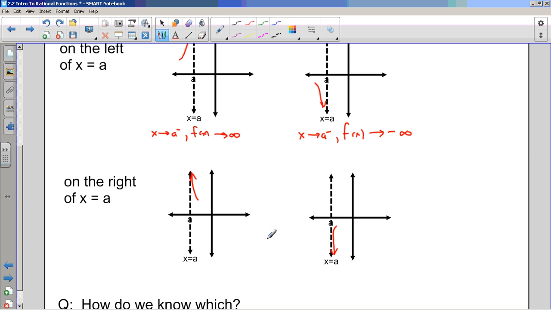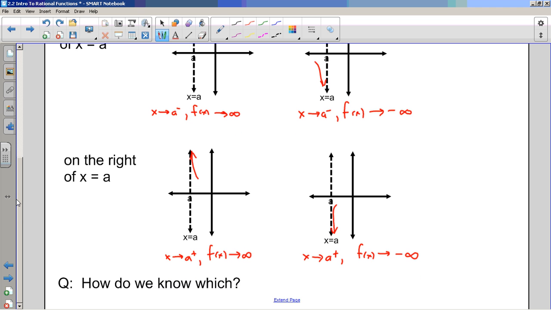And let's practice our symbols. x gets close to a from the right. What happens to f at x? f at x gets big positive. And in this other case, x gets close to a from the right, f at x gets big negative, negative infinity.